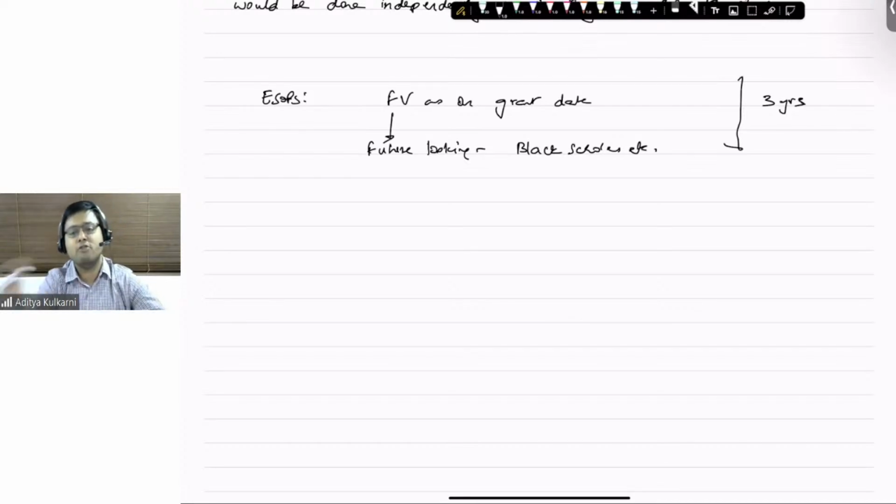सर, ये 3 साल में तो market कैसे भी move हो सकता है. Nifty can rise, Nifty can fall, Nifty can remain flat. Anything and everything can happen. My market cap may rise, market cap may fall, market cap may not show any change. All those things would be estimated as on the grant date. Grant date के दिन जब हम fair valuation करते हैं, we would have factored all these things.